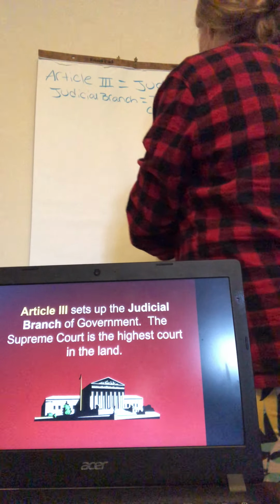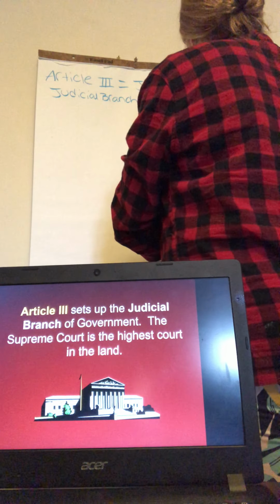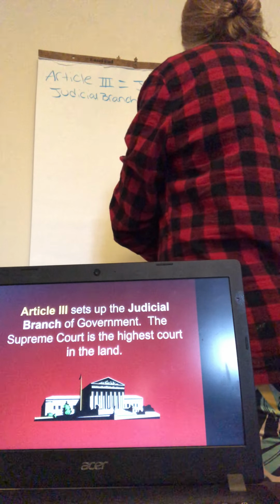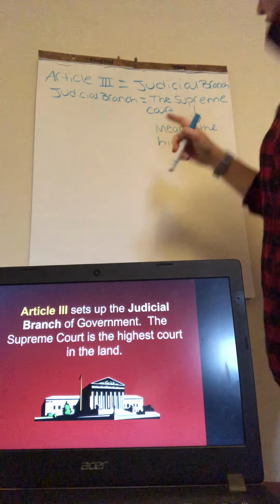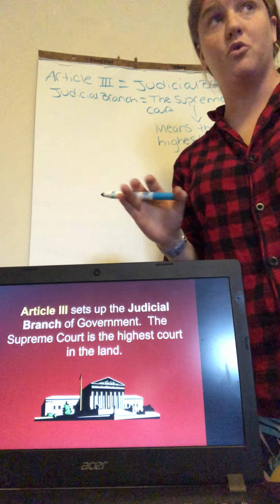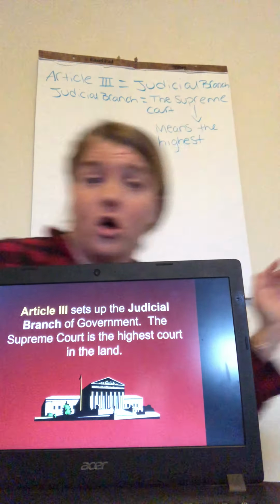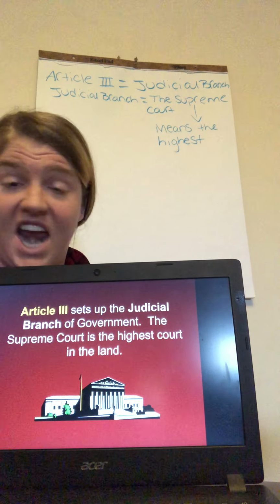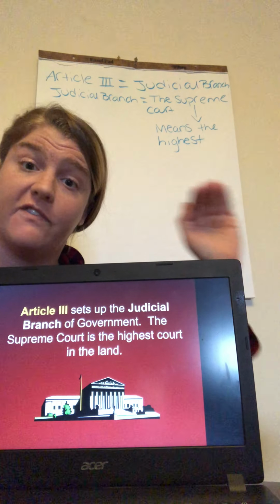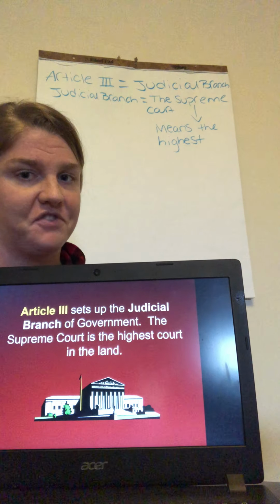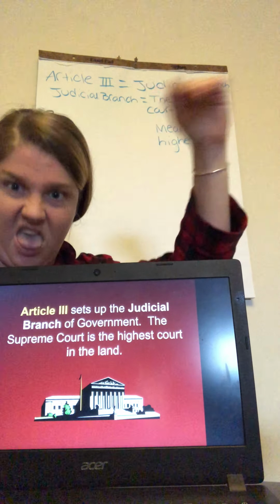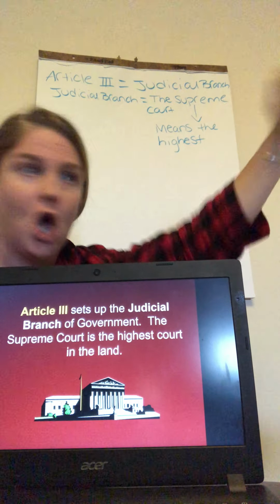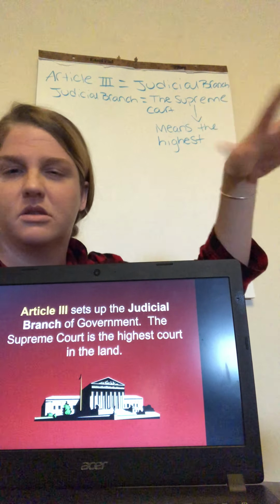Supreme means the highest. Nothing goes above the Supreme Court. So if your court case goes all the way to the Supreme Court, that's the last place it can go. It can't go to any other court. It could go to courts before the Supreme Court, but not after, because they are supreme, the best, the highest, the most prestigious. You get it, they're just up there.